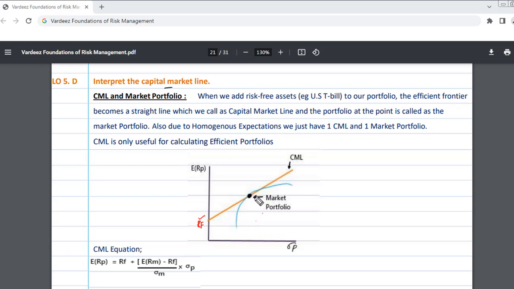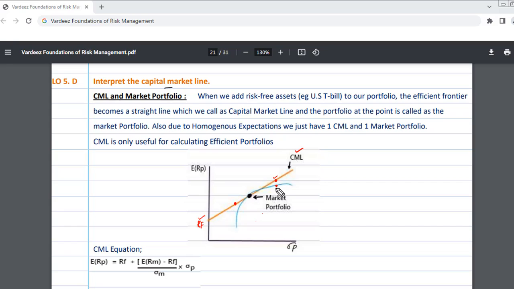Now this orange straight line that you see is what we call the CML, or capital market line. So rather than selecting the portfolio here, I'm going to select the portfolio on this orange line, because if you look at it, this is offering more returns for the same level of risk. Over here I can select this portfolio as compared to this portfolio.